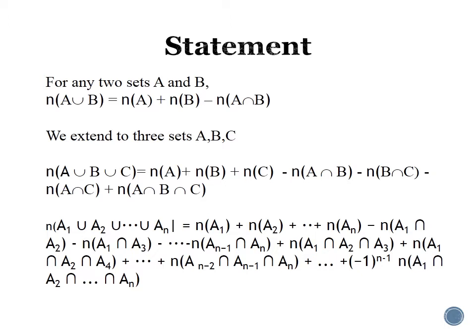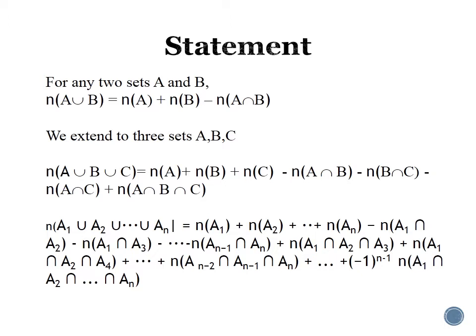Okay, now coming to the right hand side. Here cardinality of A is the number of elements in A and cardinality of B is the number of elements in B. When we add the number of elements in A and the number of elements in B, the common elements are counted twice, whereas in cardinality of A union B, we are counting only once.